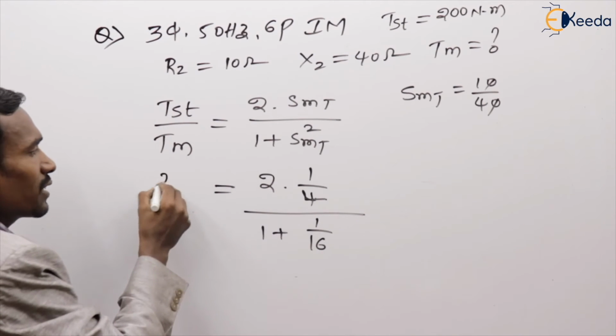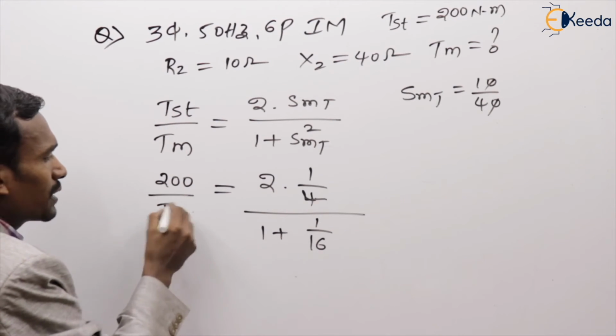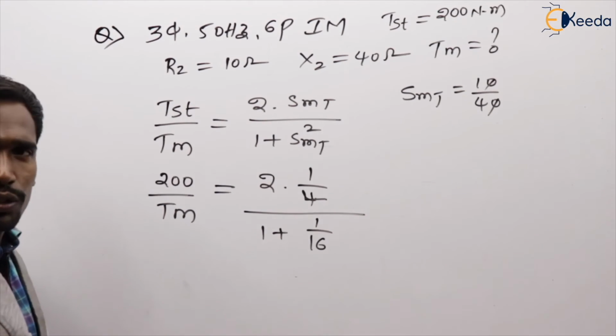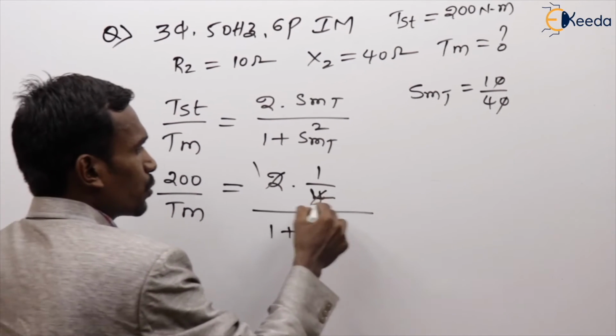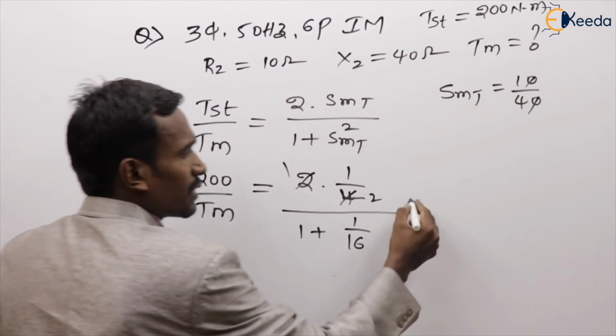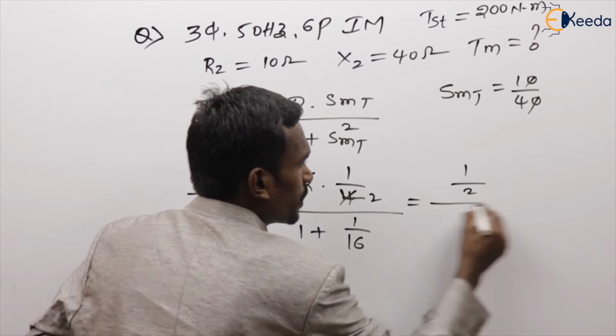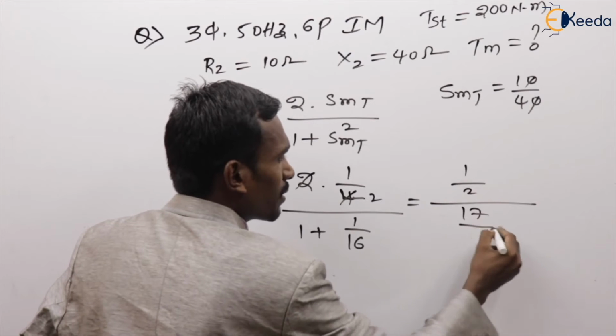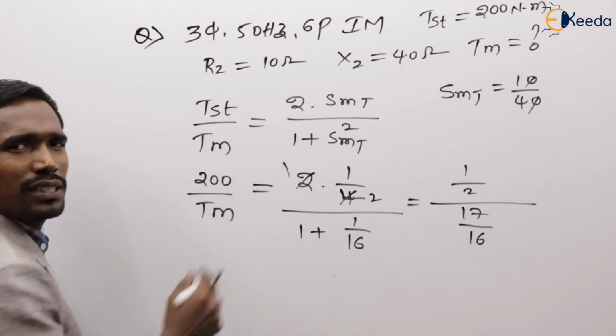What is the starting torque they have given? 200. What is the maximum torque? We have to find out. So the answer is 1 by 2 divided by 17 by 16, that is 17 by 16.